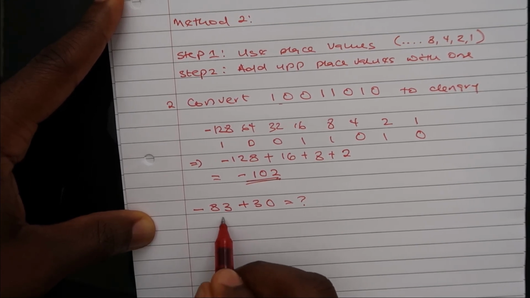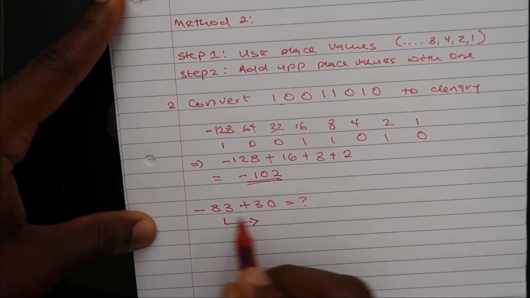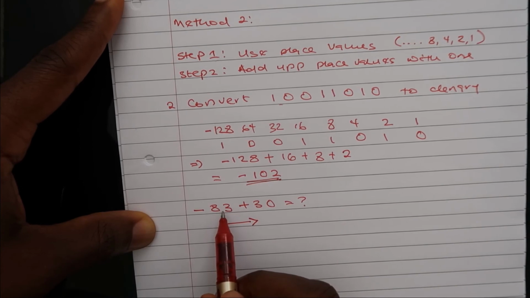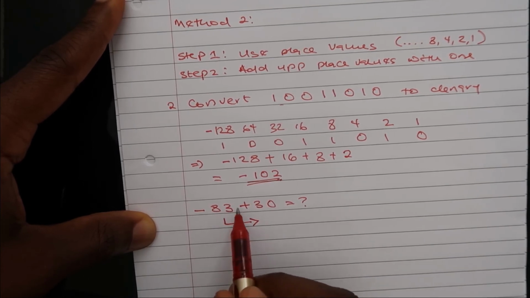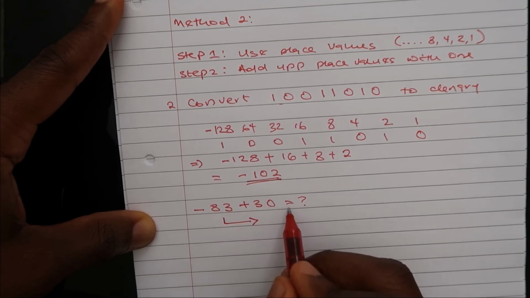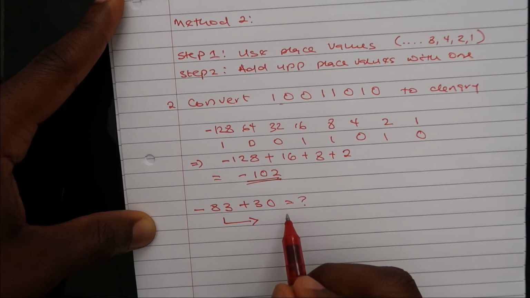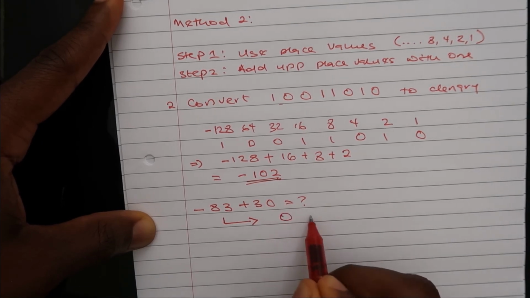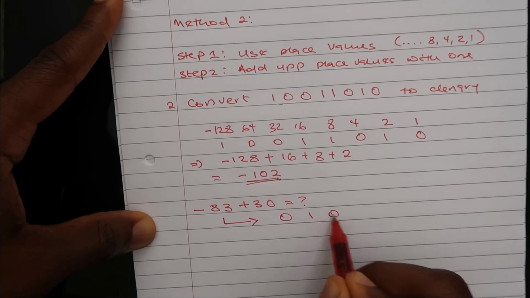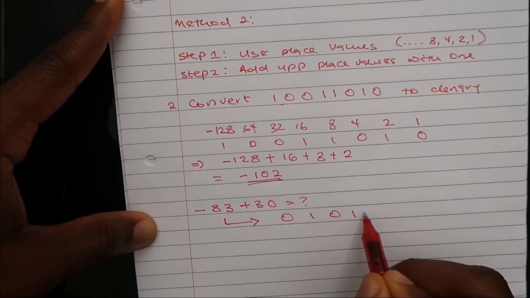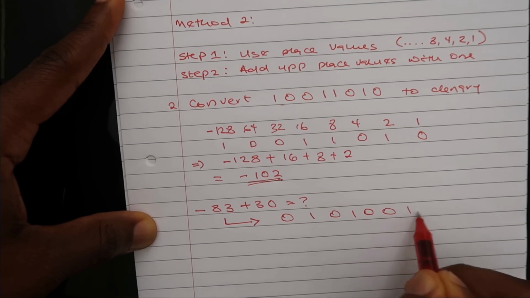To do that, I'm going to use the first method. I know that 83 is going to be 0 1 0 1 0 0 1 1.